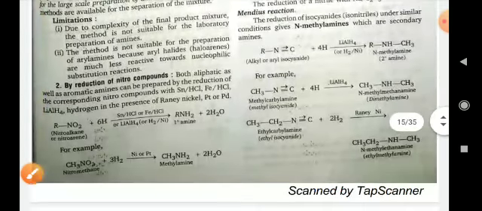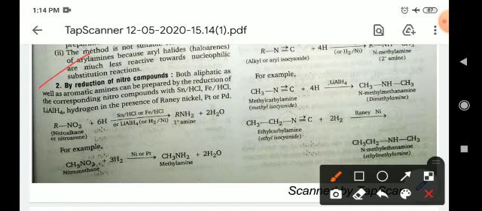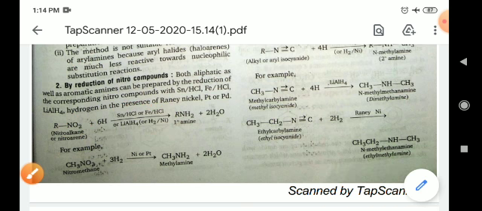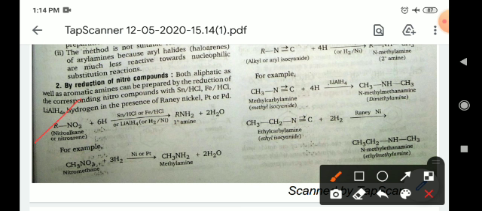Okay, second, by the reduction of nitro compounds, in which the NO2 group is reduced in the presence of reagents like Sn/HCl, Fe/HCl or lithium aluminum hydride. These are reducing agents, meaning they donate hydrogen to the compound and reduce it, and they oxidize themselves. So the nitro compound is reduced into an amine.